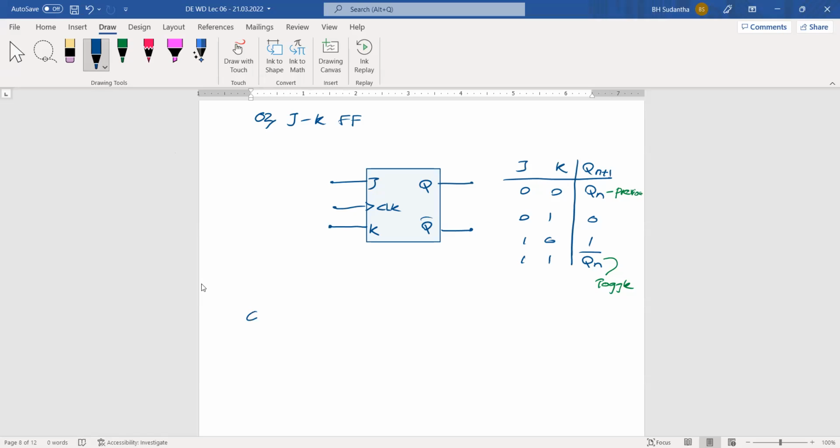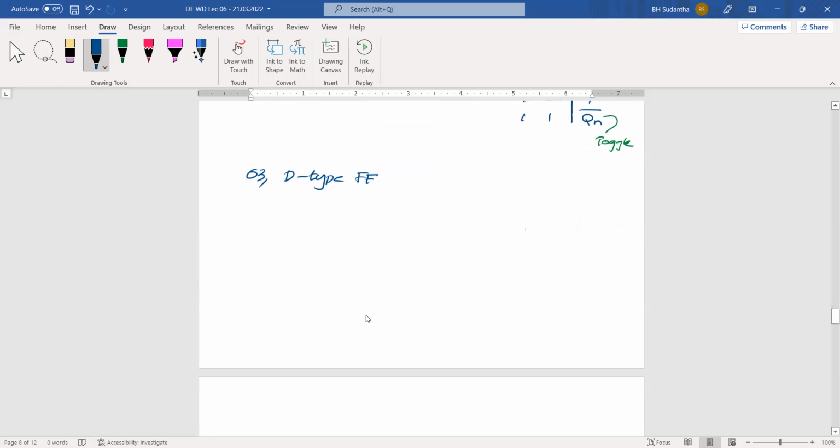Okay. The third flip-flop type is the D-type flip-flop. It's a modification of this JK flip-flop. JK flip-flop is something like this. Q bar.